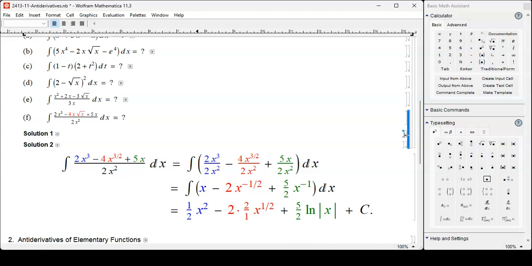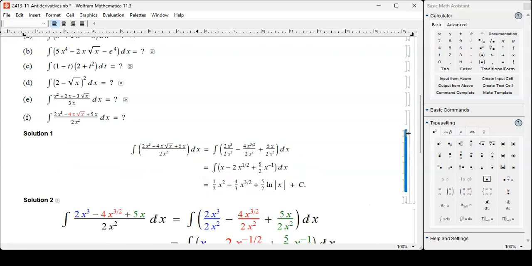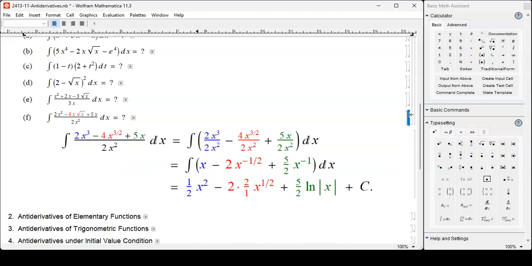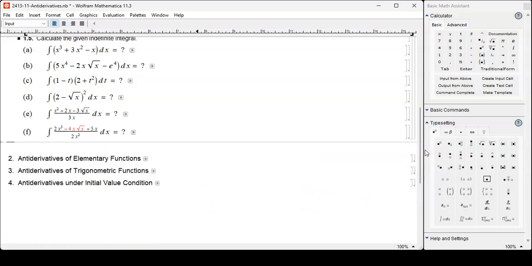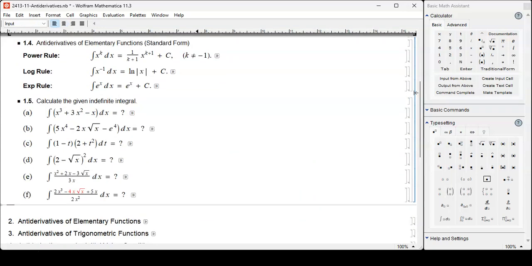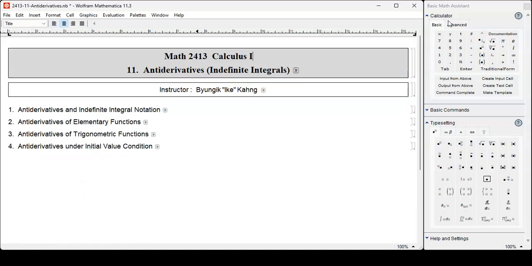Let's see, what did I do in my answer key here? Yeah, the same thing. This one is a bit easier to see with color coding. That'll complete section 1.